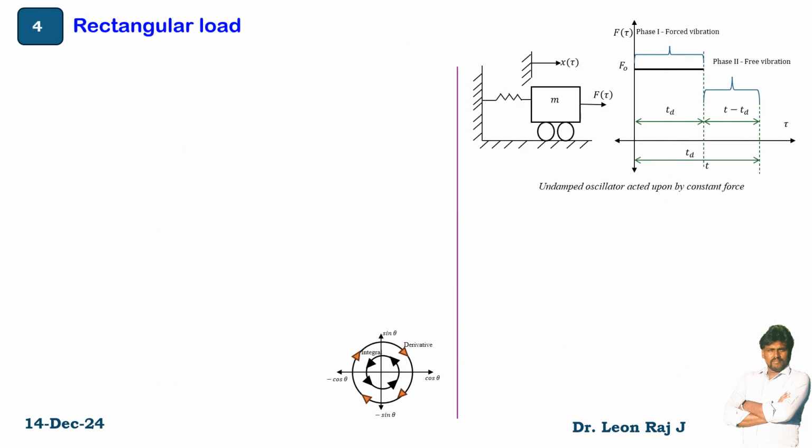So next applied load is rectangular load. What is the rectangular load? So here the system M is the mass of the system, K is the stiffness of the system, x of tau is the response, F of tau is the applied force.